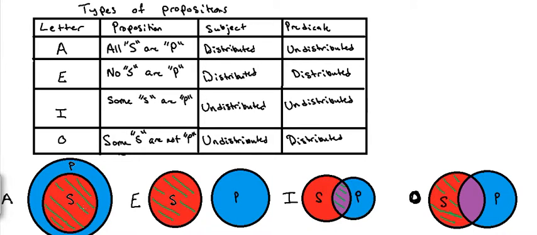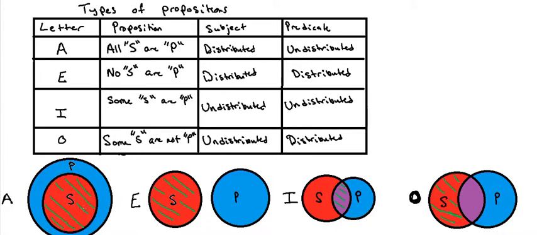For E, we have the subject and the predicate being two distinct separate things, so both subject and predicate are distributed. There is nothing being shared there.